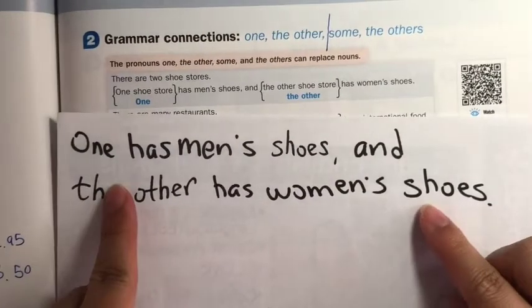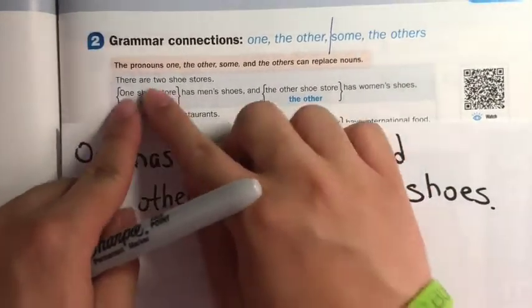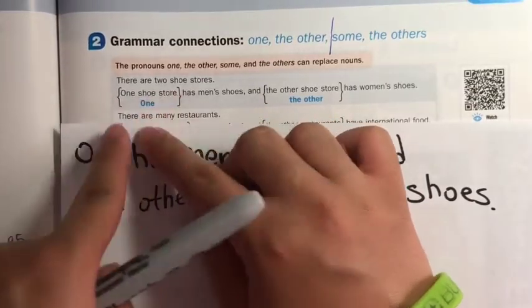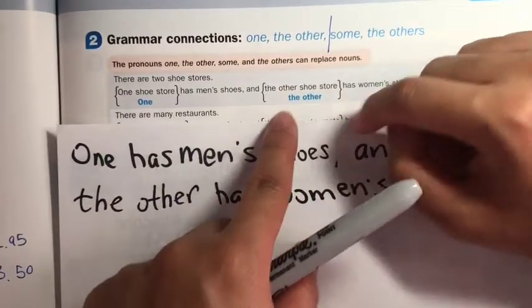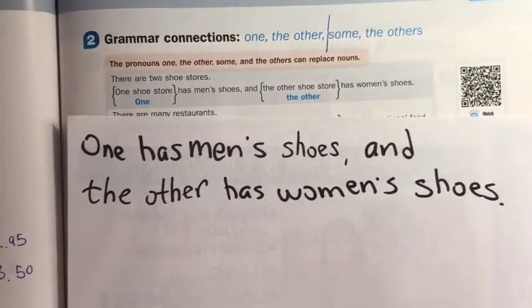So in this sentence, we replace the words one shoe store with just the word one, and here we replace the other shoe store with the words the other.